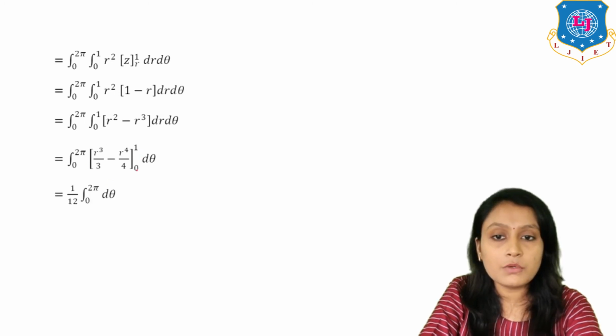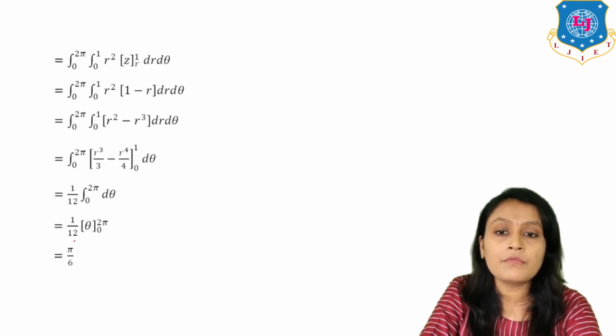Right, now substitute the limit, so you will get 1 upon 12, that we will take outside of the integration, and this integration 0 to 2 pi d theta. Now we know this integration 1 d theta is what? Theta, and the limits are 0 to 2 pi. Substitute the limit, so you will get final answer as 5 by 6.